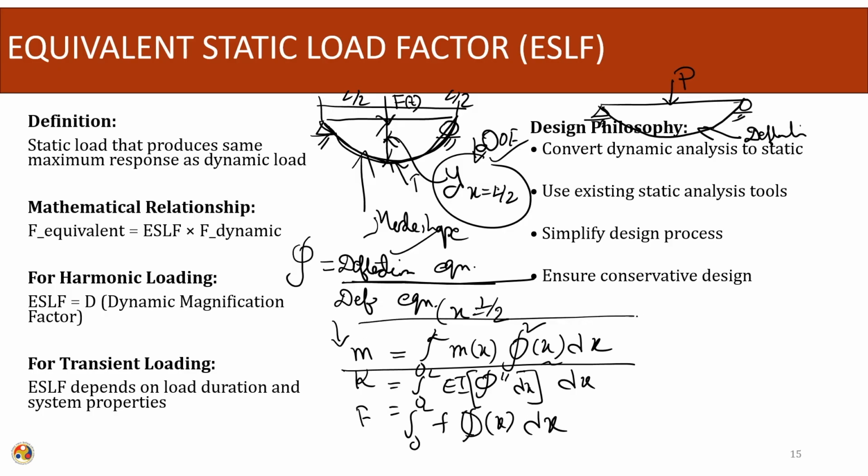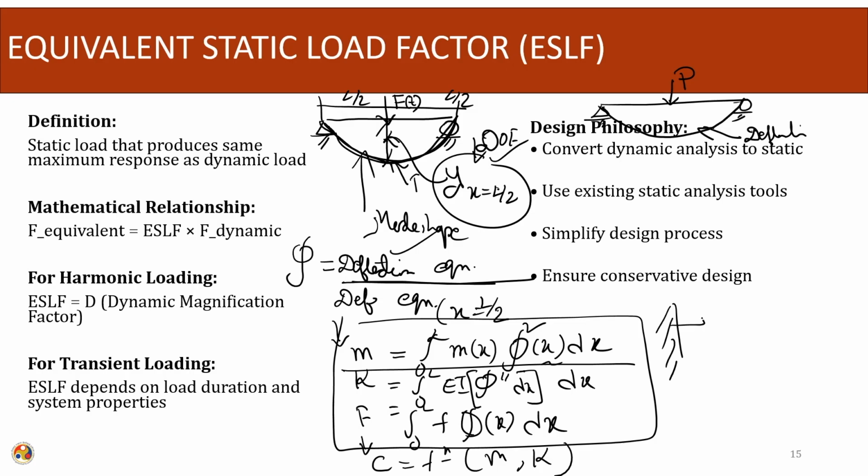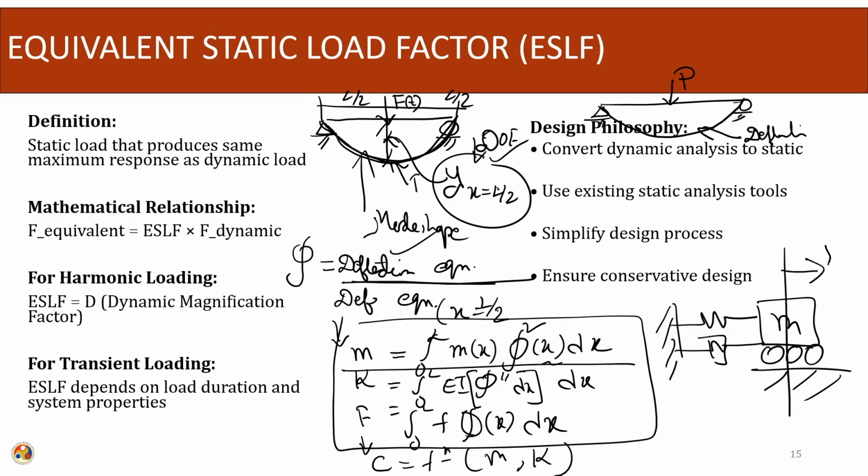That way we calculated my mass, stiffness, and the forcing function. If we want to calculate the damping, we can calculate damping as a function of mass and stiffness. So, from here I got my equivalent single degree of freedom system, and this is my chosen degree of freedom, which corresponds to the deflection at the center.